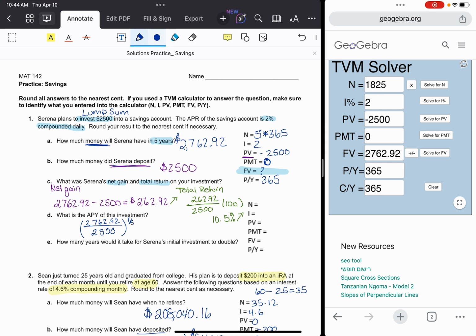And the reason it's 1/5 is because that is the number of years that went by between my two amounts. And then I'm going to minus 1, because that takes out the 100% growth factor. And then I'm going to times the whole thing by 100.